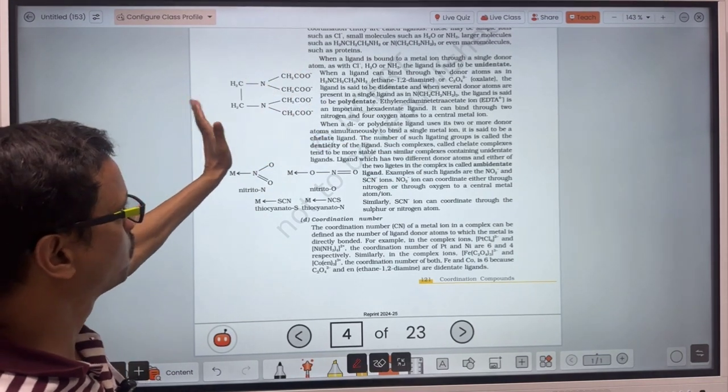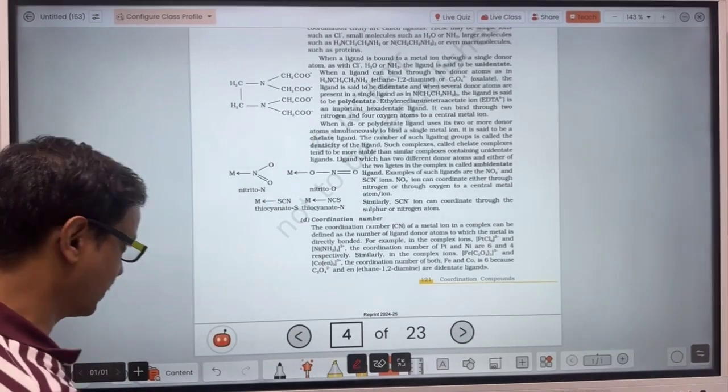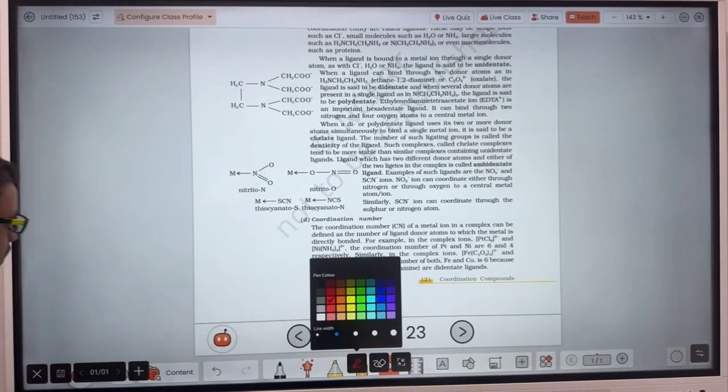Then it will be 2 into 6, and that will be the coordination number. So coordination number is the number of atoms bonded to the central atom.